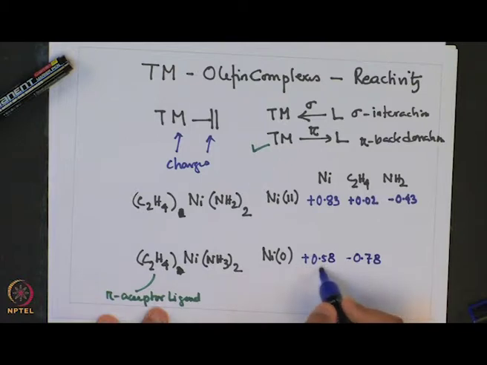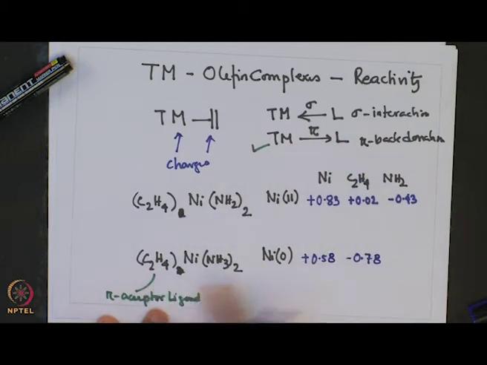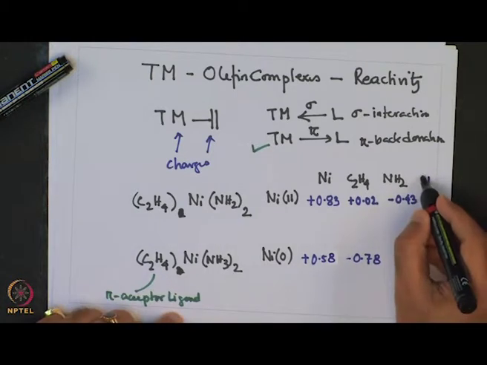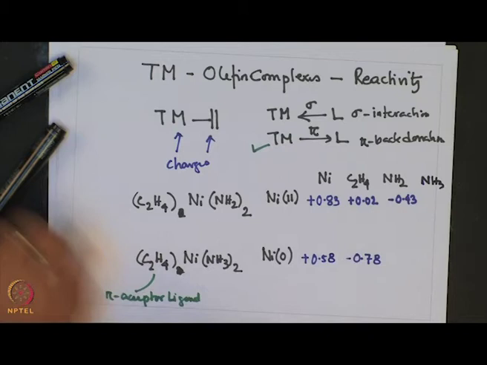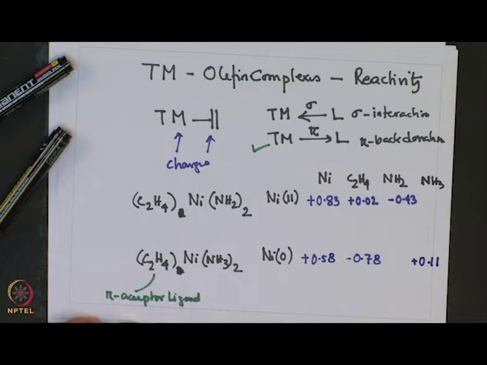So, it is no longer 0, but 0.58, because now electron density has moved from the transition metal onto this alkene ligand, which itself has become negative, and the ammonia moiety, NH3, is slightly positive because of just sigma donation from ammonia to the metal, and it stands at plus 0.11.